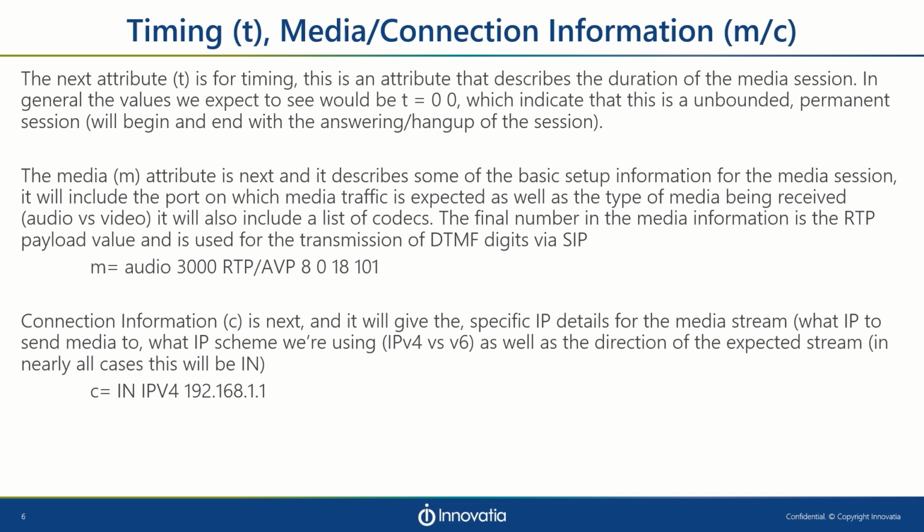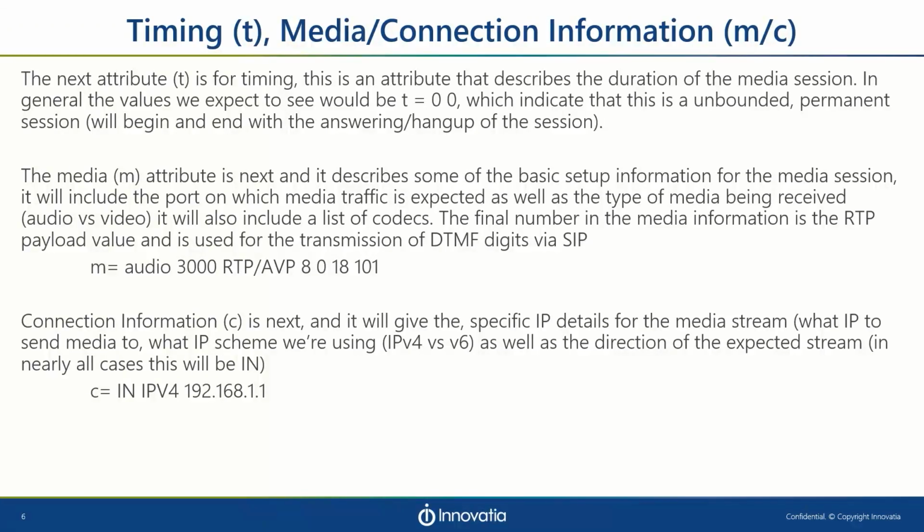The second is what IP port is going to be used to receive any incoming media streams. The next part lists what type of protocol is being utilized to send the media stream. In pretty much every case, you're going to see that it's RTP/AVP.